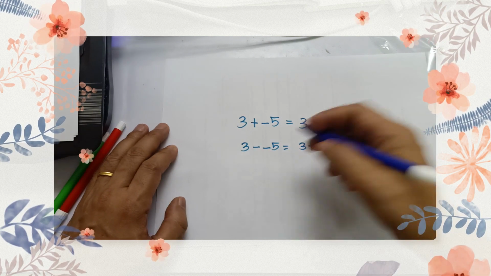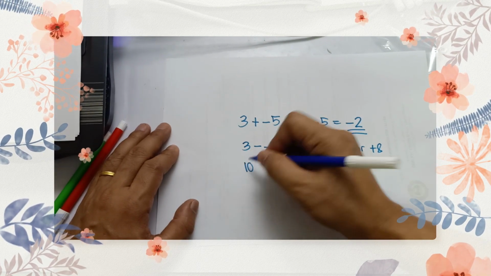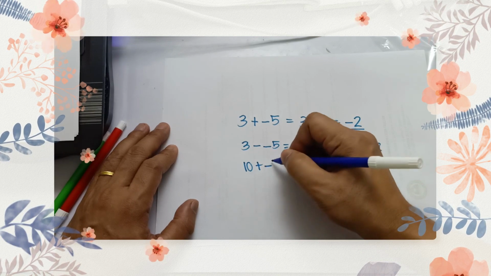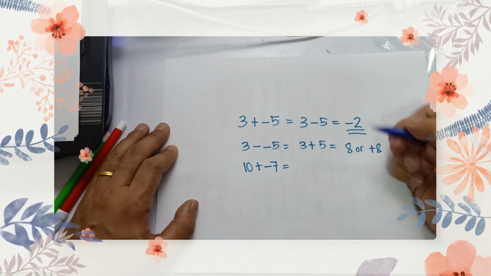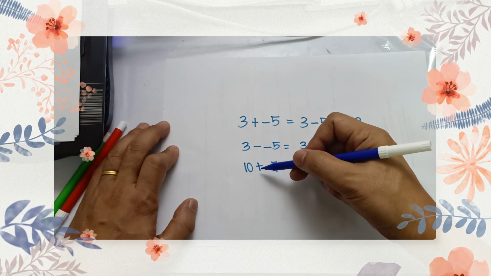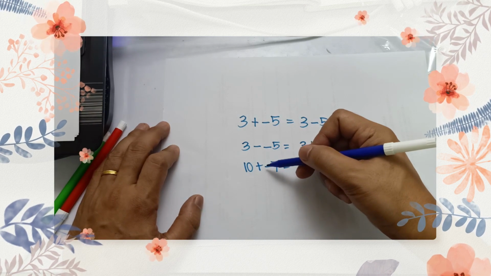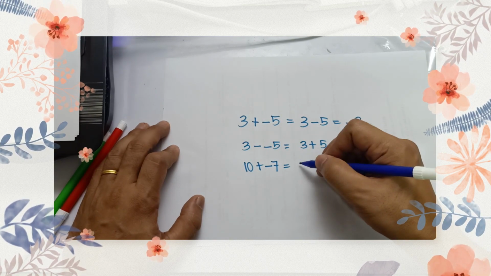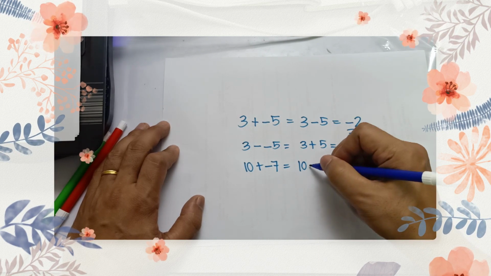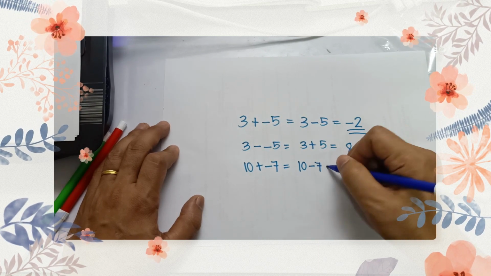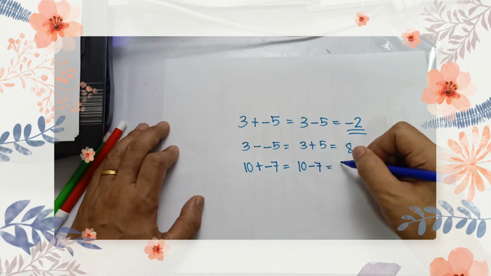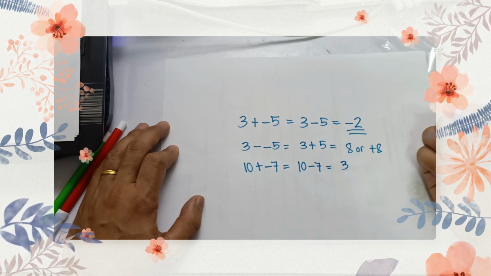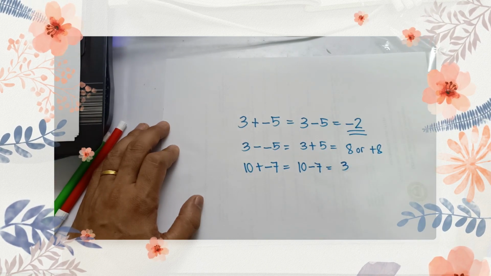Another example, if you have 10 plus minus 7, again two different signs appear next to each other, so you will get 10 minus 7. So what is 10 minus 7? That is 3, or positive 3.